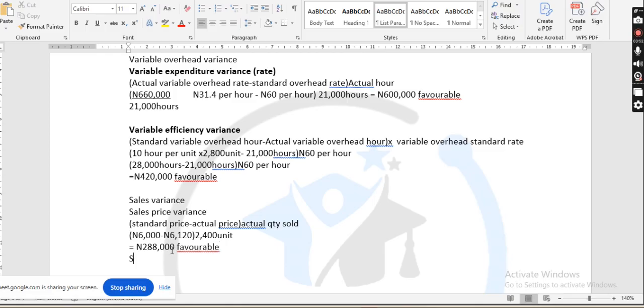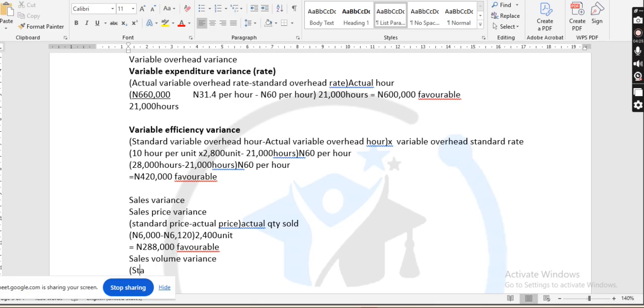So the next one is sales volume variance. Right? In the sales volume variance, it is based on units. Volume is units.